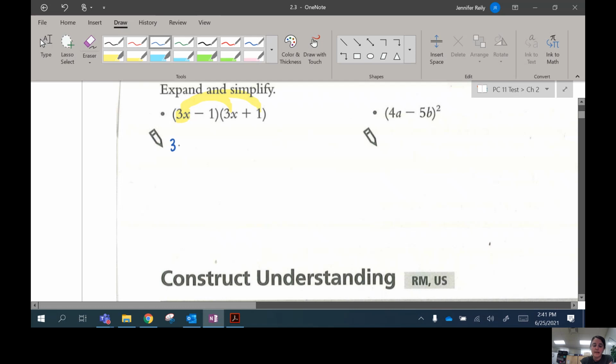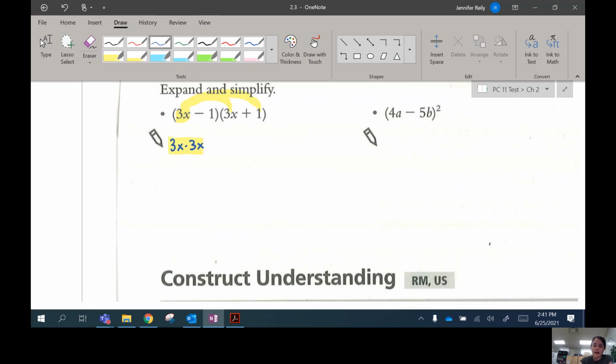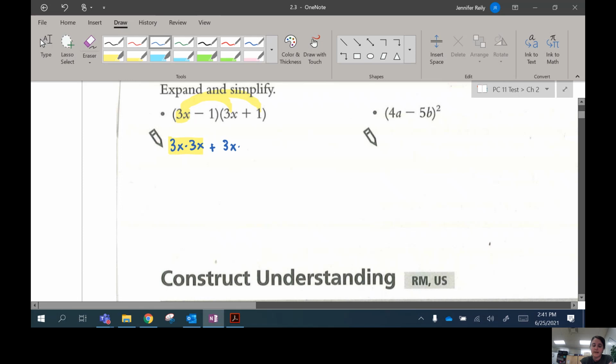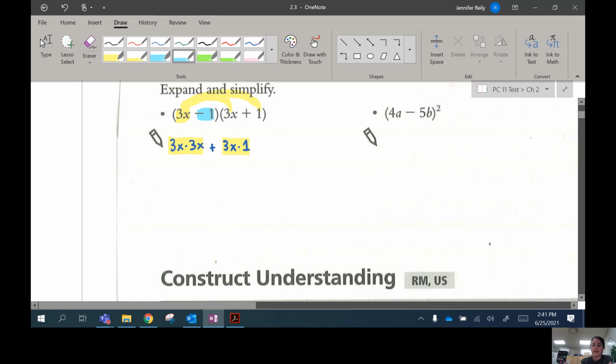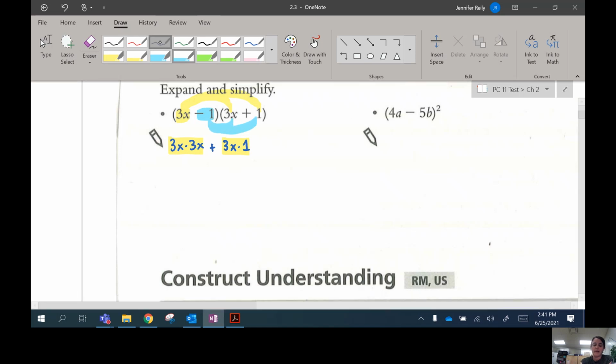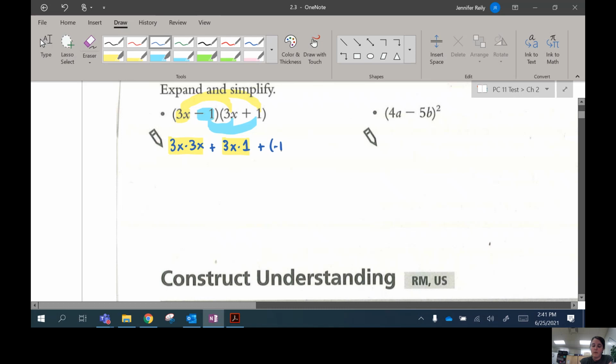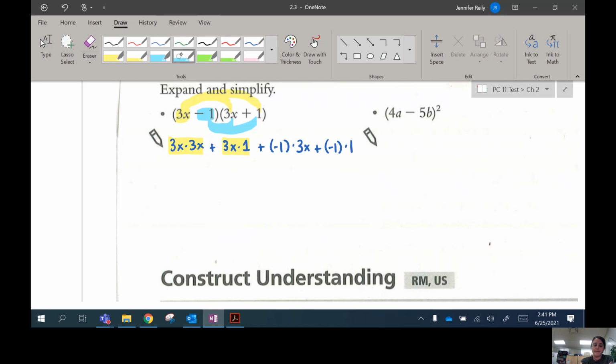I'll have 3x times 3x, and I'll have 3x times 1. Then you take your next term, in this case -1, and multiply it to each term in the second bracket. So I'll have -1 times 3x, and I'll have -1 times 1.